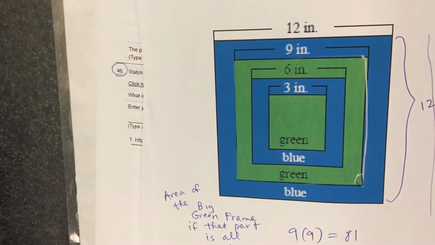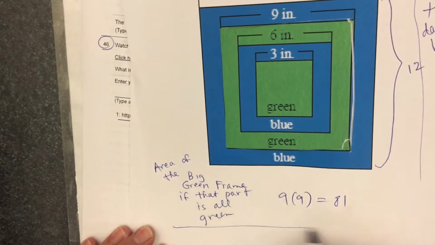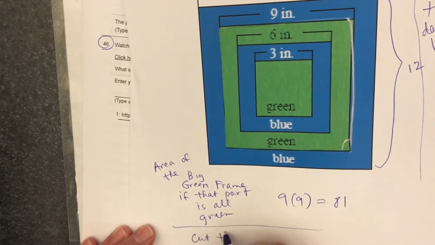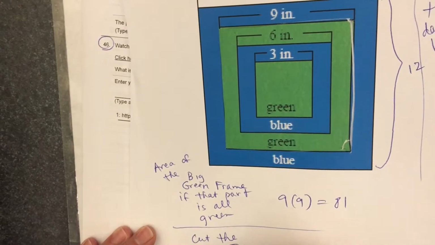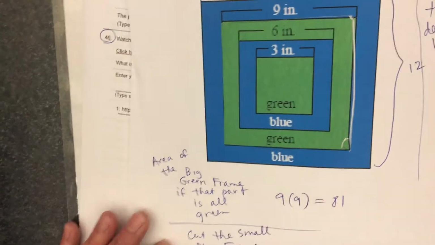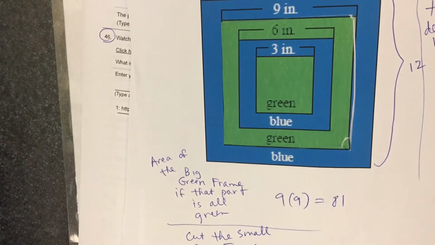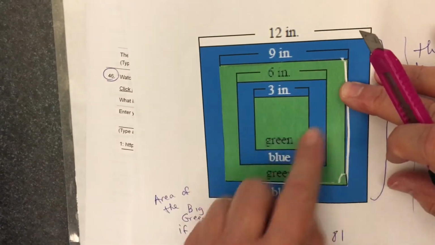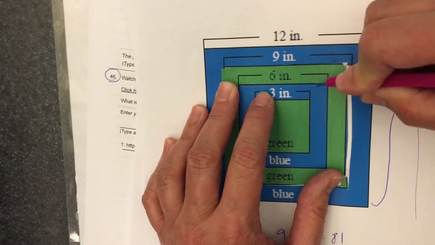And you're going to say, well, wait a minute, it's not all green. There's that blue frame in there. So now we're going to cut the blue frame. And I'll pretend the small blue frame is entirely blue, like this whole thing is blue. So we'll cut that out.